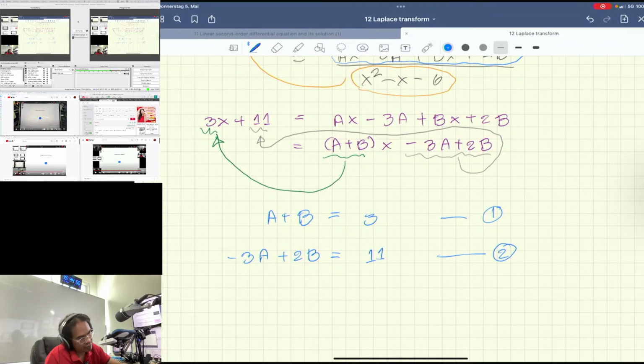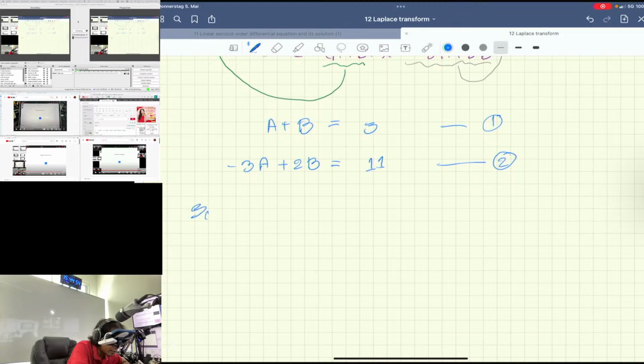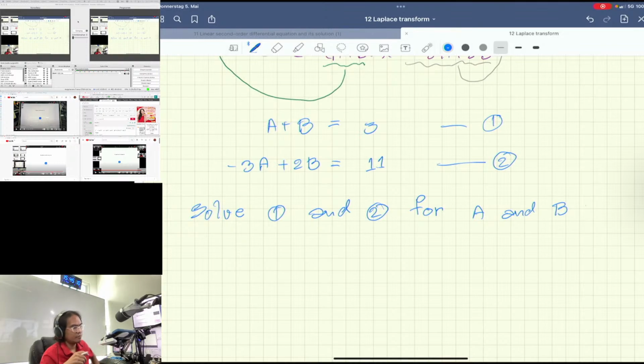So it's time to solve equation 1 and equation 2 for A and B. So what is that? How could we solve this? You can see that you may multiply.